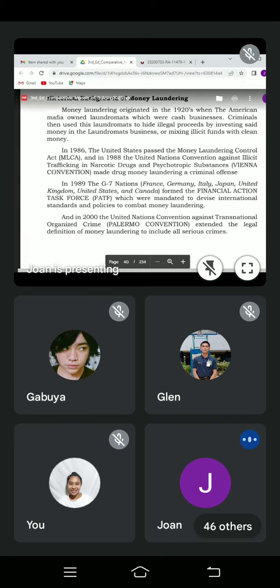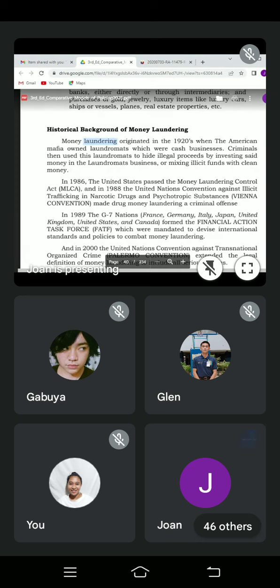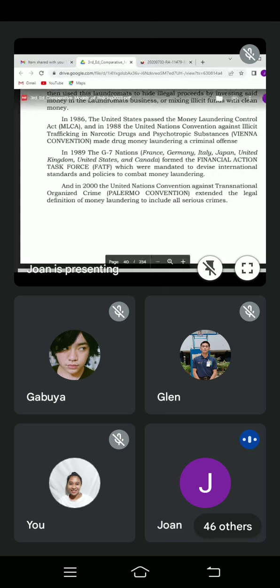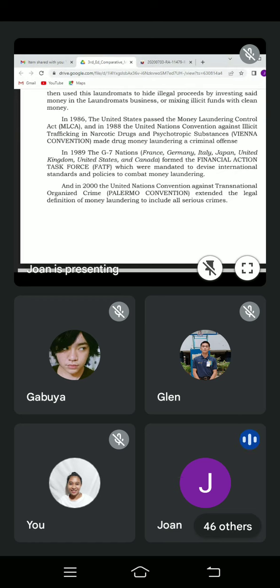So that is why the word money laundering is from this 1920s event in America. And they owned laundromats, which were cash businesses, no? So diha nakuha ang term na laundering. And basically it means a proceed of money from illegal activity and then making it appear legitimate.